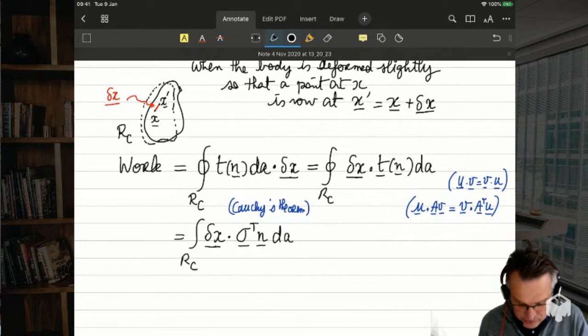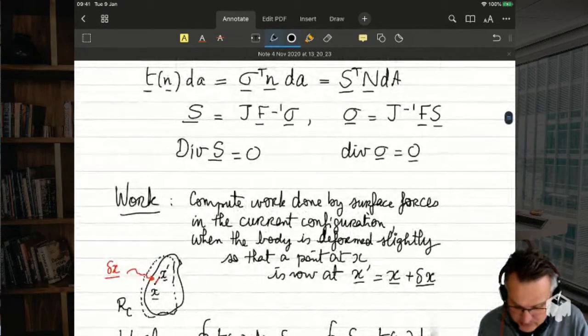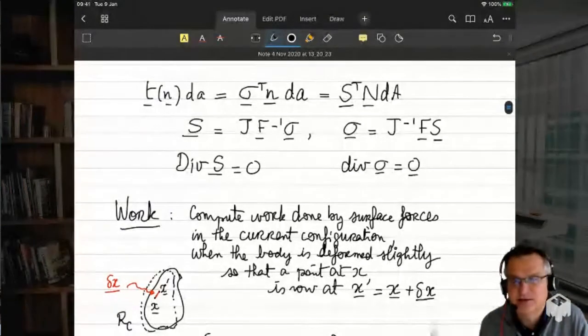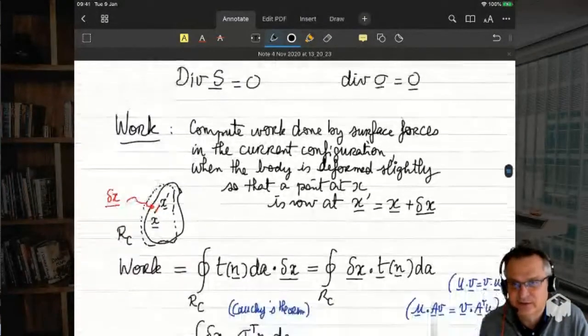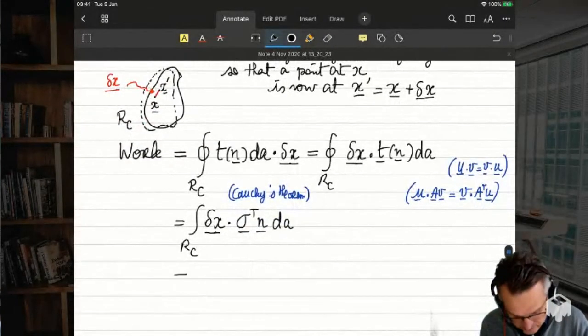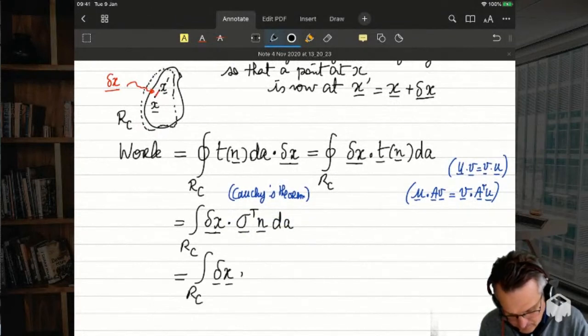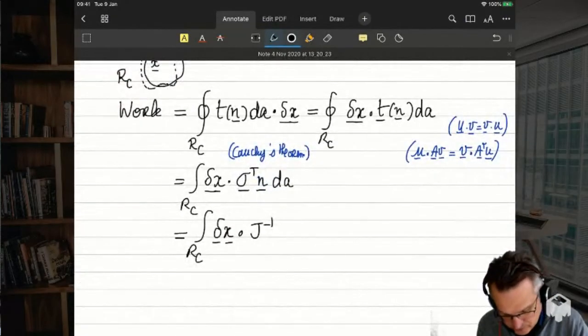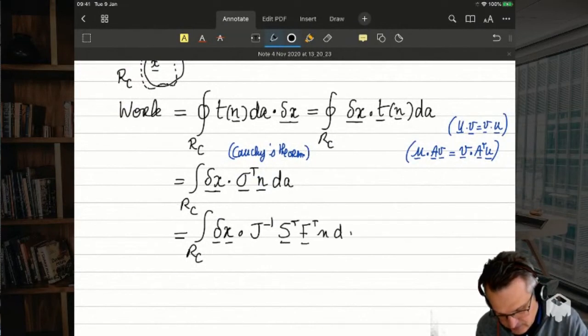So I'm going to use the relationship between sigma and S. I can see that sigma here is J minus 1 F S. So that's going to be J minus 1, then I have to take the transpose of F S, so it's going to be S^T, F^T, and dA.